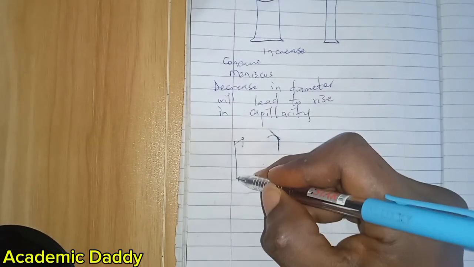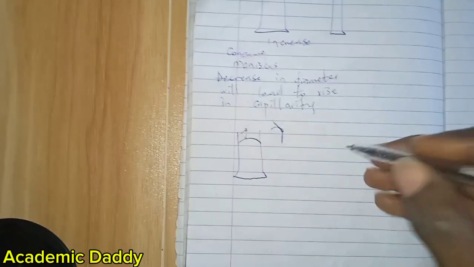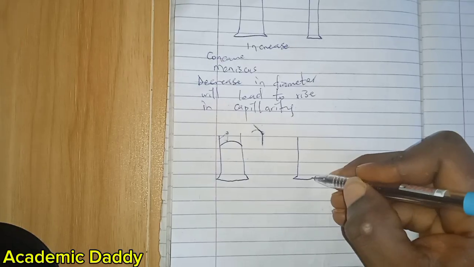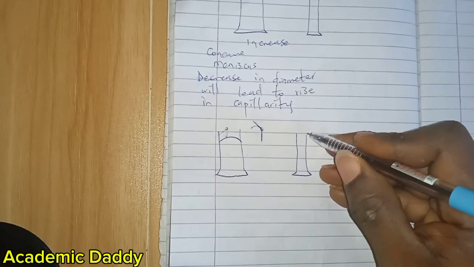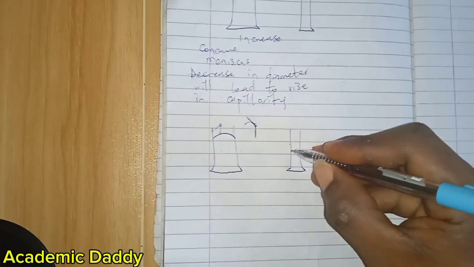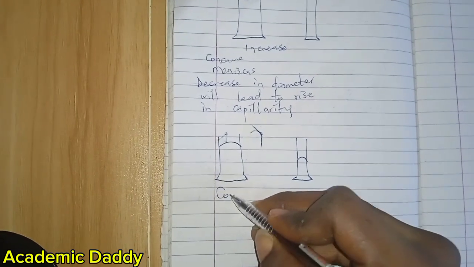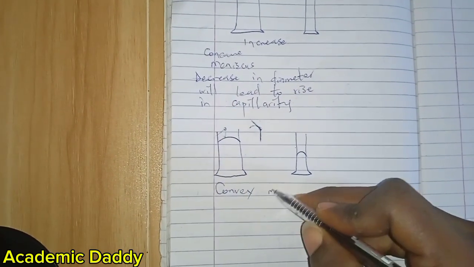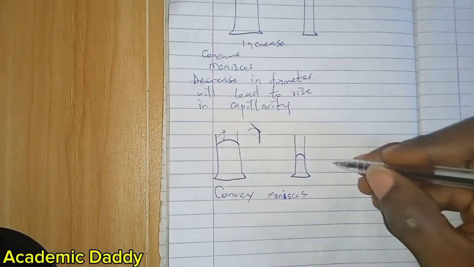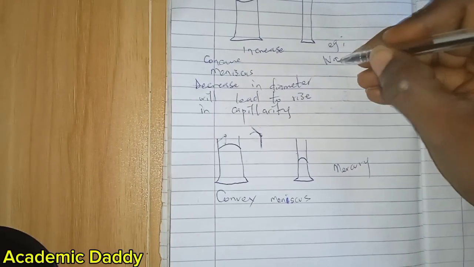While if this was like this and you come and decrease the diameter, that is, make the capillary tube narrower, it will fall. So in a convex meniscus, or the one that gives you a convex meniscus, for example, mercury. This one is for example water.